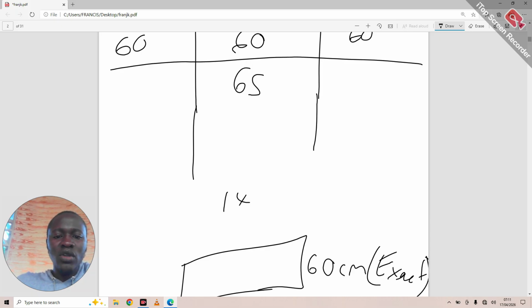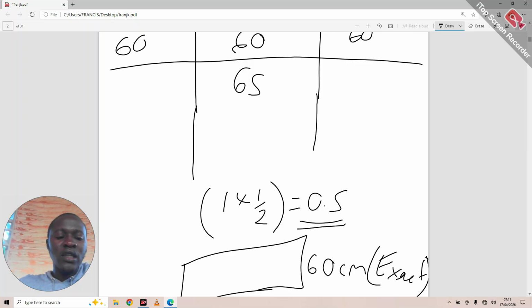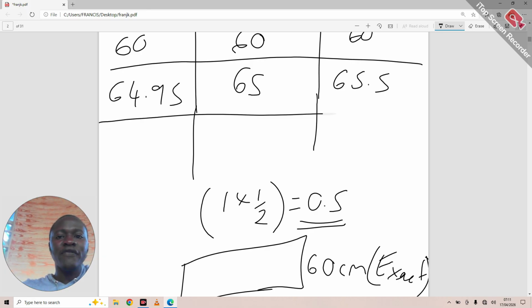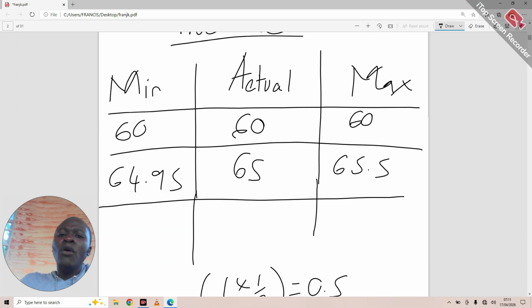So you take that one, you multiply it by a half, and you get 0.5. It is this 0.5 that you add to get the maximum and subtract to get the minimum. So adding it, we are having 65.5. Subtracting it, we are getting 64.5.